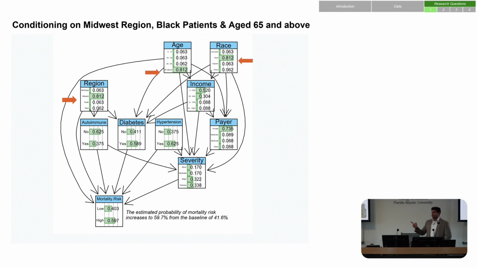And the largest increase we found was conditioning on African-American patients 65 and above, and I believe in the Midwest, we come up with a higher risk of mortality of 59.7%. That's the highest change in mortality risk that we saw.